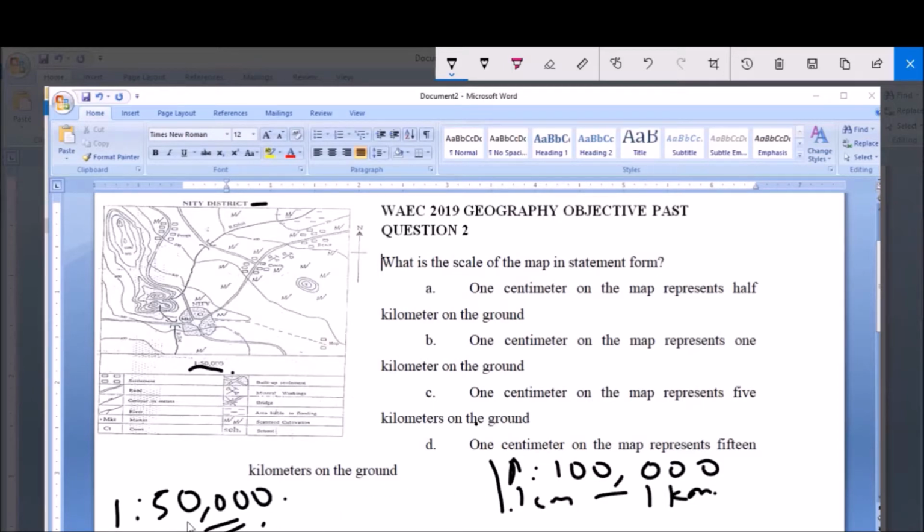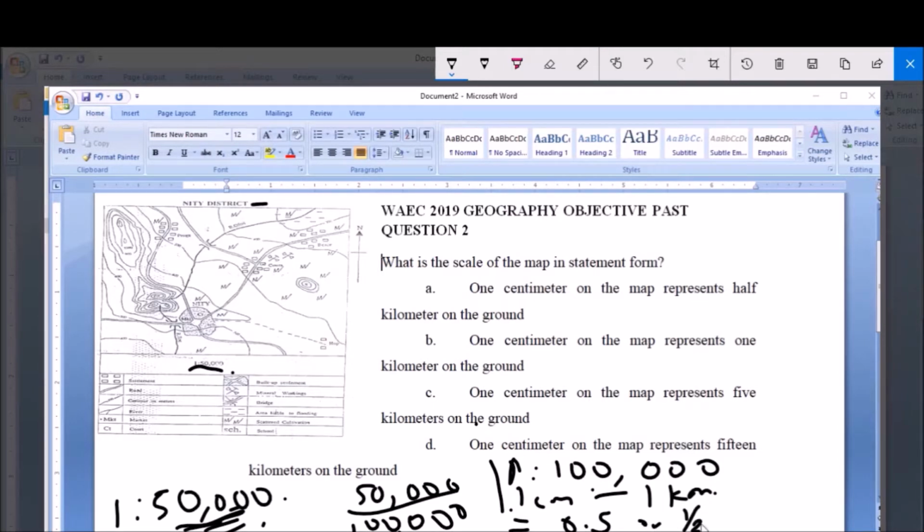In order to know what 1 centimeter on the map stands for on the ground, you divide the bigger number given to you by 100,000, and that way you get the number of kilometers it represents on the ground. So you say 50,000 divided by our standard, which is 100,000. 50,000 divided by 100,000 is 0.5, which is also half.